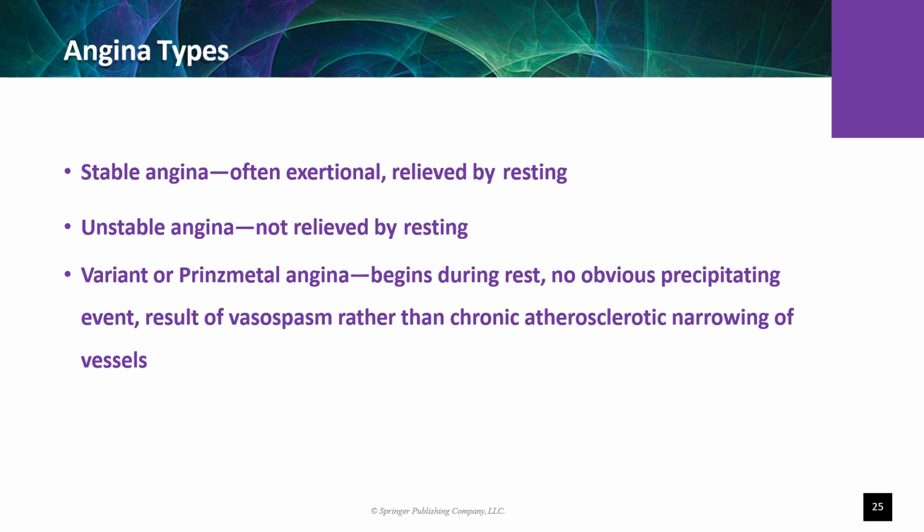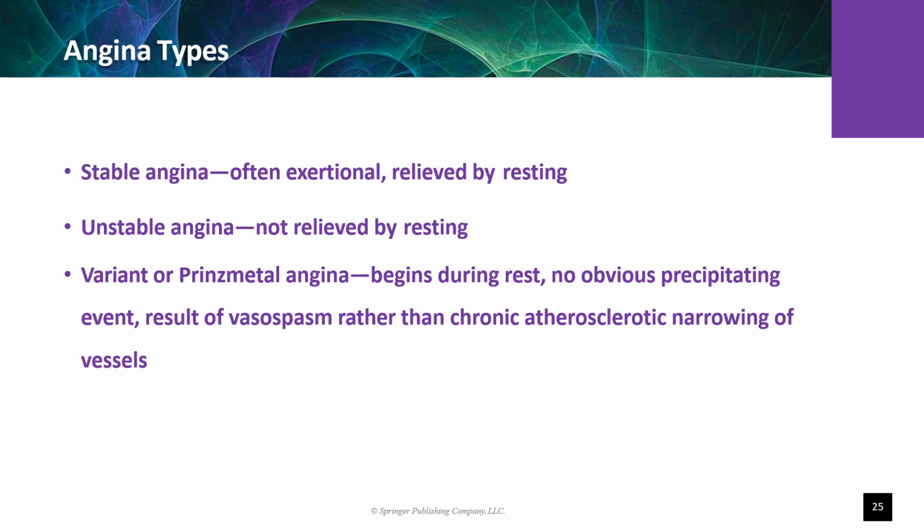Variant angina, or Prinzmetal angina, is a less common condition that does not begin during exertion, but characteristically occurs while resting, during the night, or during early morning hours. Pain and nausea can be severe and are not alleviated by rest.